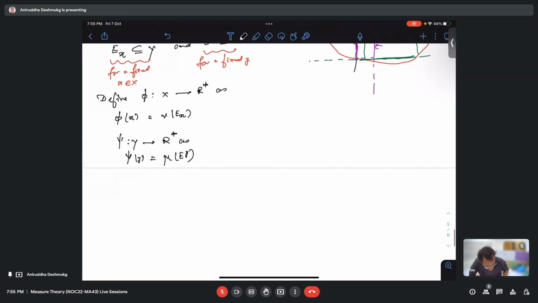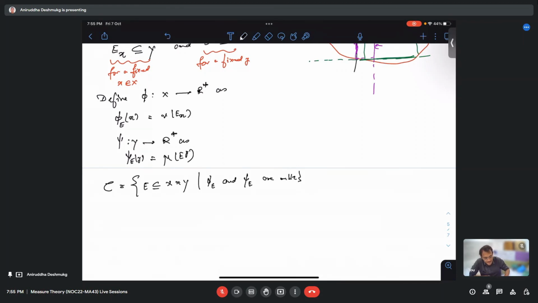What we are going to do is again look at this collection of E contained in X cross Y such that phi, which again depends on E, so let me write phi_E and psi_E, are measurable. Again, the same questions: is this collection non-empty, are rectangles contained in it, is it a sigma algebra, and so on.